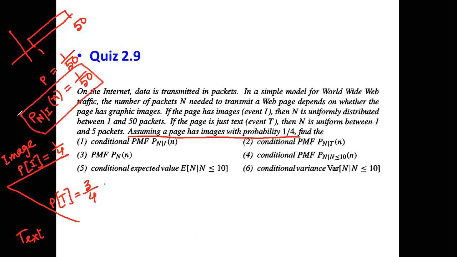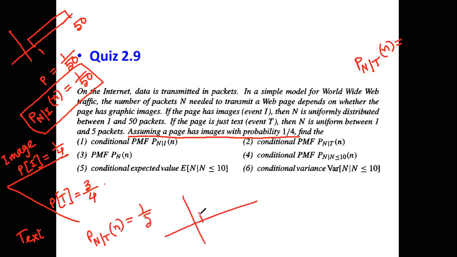Another probability is there, which is the probability of n given that text is in that page. And that probability is 1 by 5, right? That probability is 1 by 5 because that is another uniform distribution from 1 to 5.